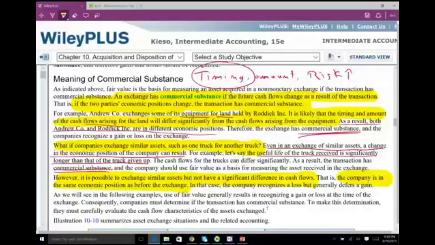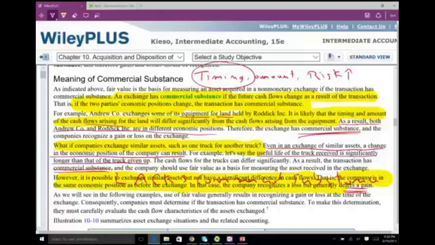In this situation, we say that the transaction lacks commercial substance. So here, this is the definition of lacks commercial substance. It doesn't have commercial substance. What does that mean? Well, it means you still recognize the losses, but you have to defer the gain. And we'll talk about the rules later on.